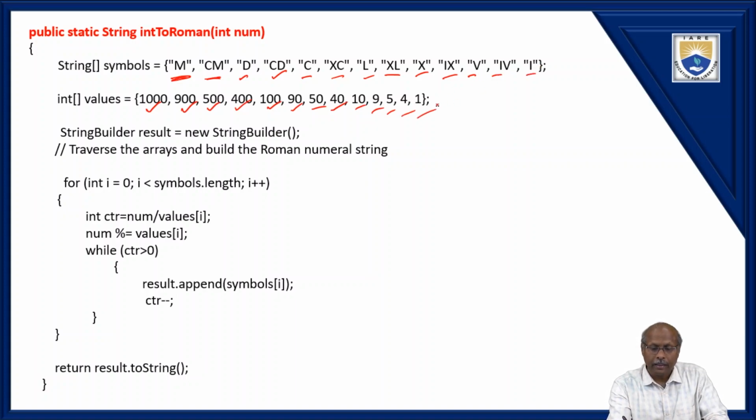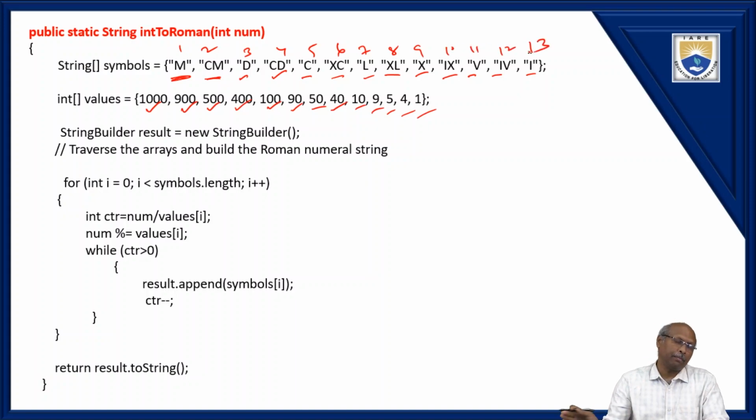Then I 1. So all the values and symbols I will write in order from high to low, because while converting the integer to Roman, I will always start from the high value. That's why I am writing in higher order. So how many are there? 1, 2, 3, up to 13.